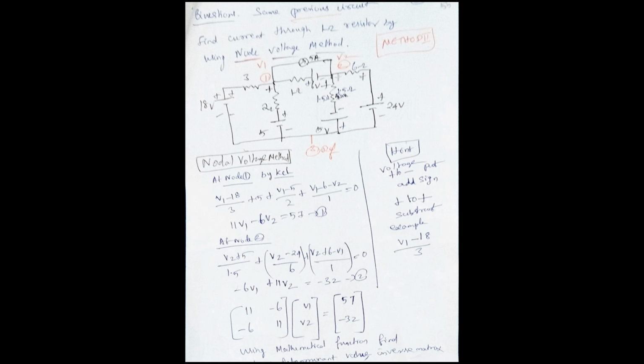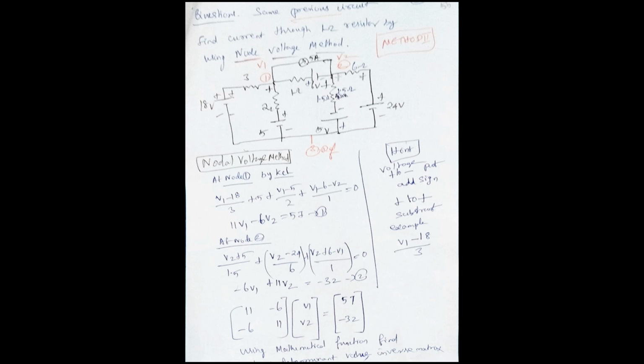At node 1, using Kirchhoff's current law, the algebraic sum of the currents at any node is equal to 0. Using KCL we form the first equation.